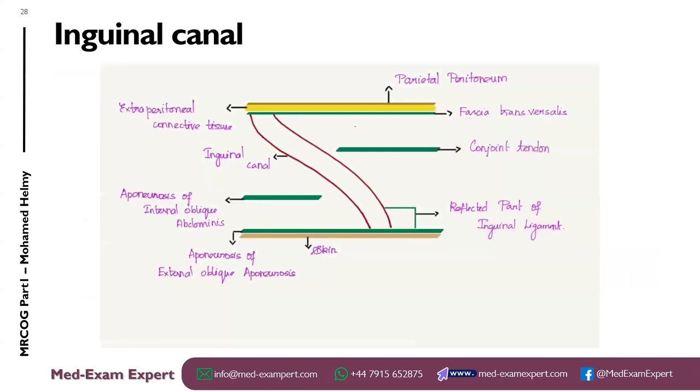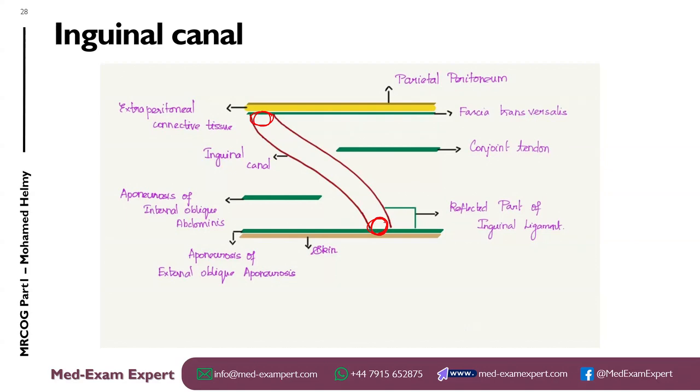This picture shows a better view of what I'm mentioning, as if I'm looking from above now. This is the deep inguinal ring, and this is the superficial inguinal ring.